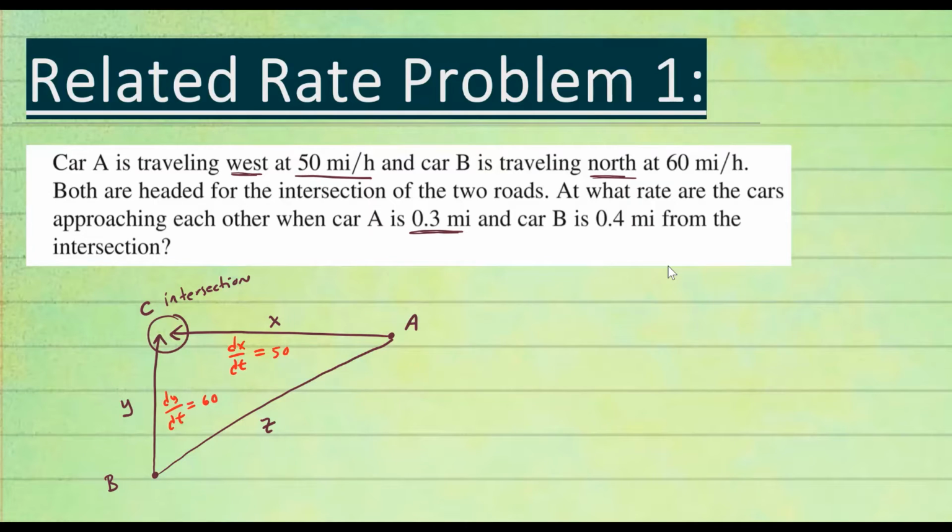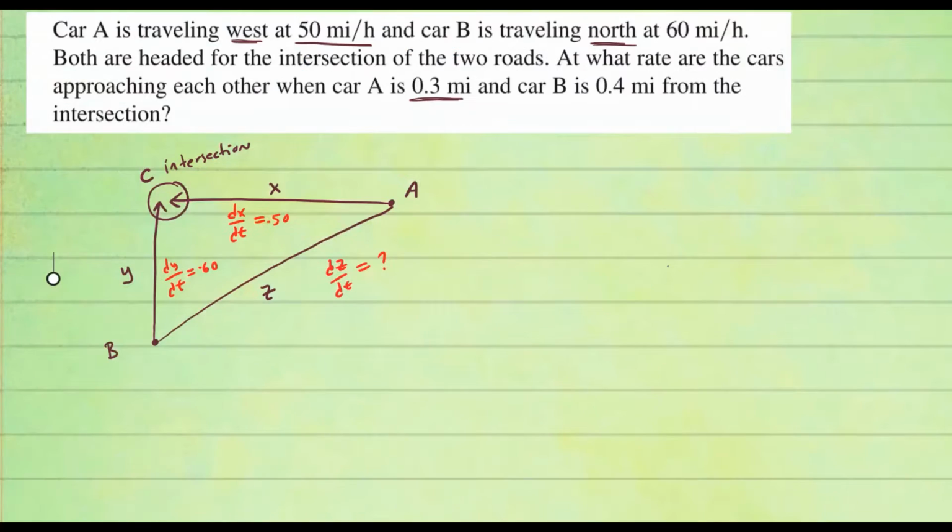Now, because A is approaching west and B is approaching north, their distances are getting smaller, so we have to put negative here. These derivatives are negative. And we're looking for dz/dt. That's the question.